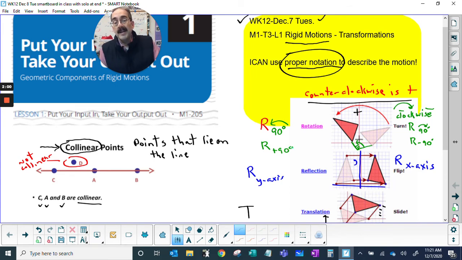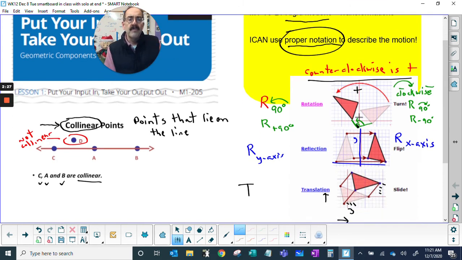A lot of times if we're typing, the plus sign is a lot easier. If you got a pen, you can draw it. Clockwise, arrow for the clockwise or negative 90 degrees. All of our problems in distance learning are going to use the origin as the axis of rotation. That'll keep it simpler.